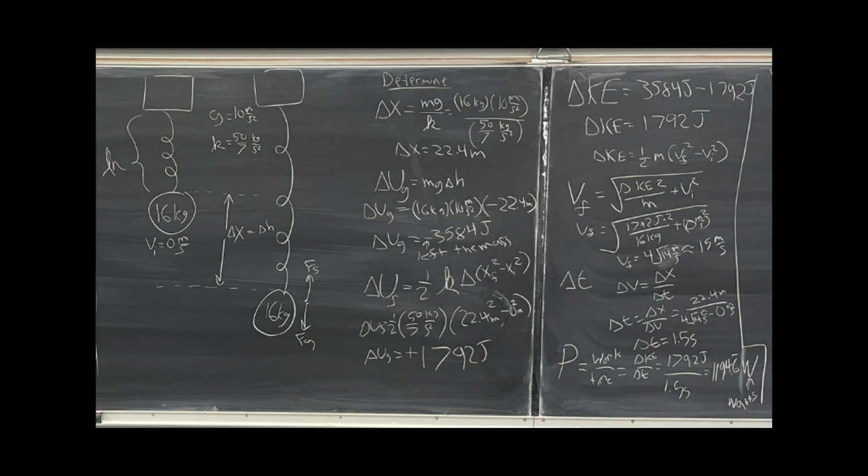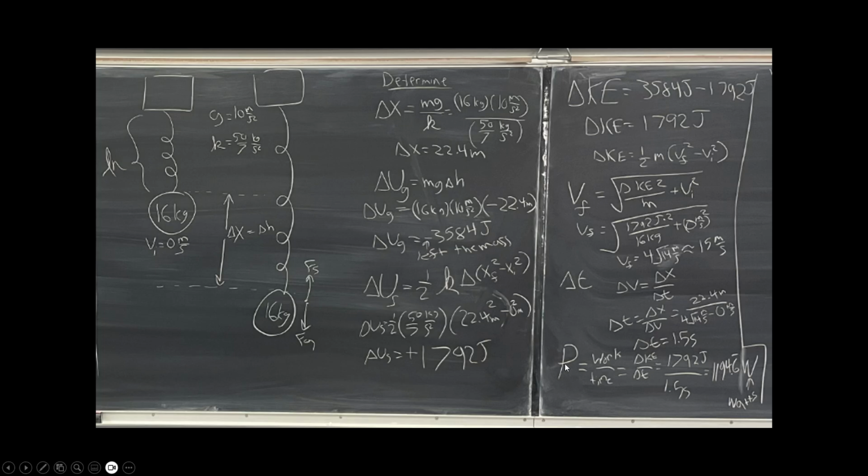Our last parameter that we can calculate from the information that we had from the start is power. Power is work divided by time, and according to the work-energy theorem, work happens to be equal to the change in kinetic energy.